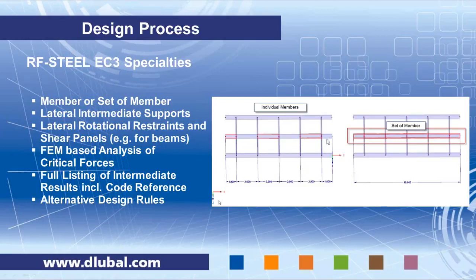So one unity disintegrates into several different parts. So now we can refer the design to the individual members, or we can refer the design to the so-called set of members. So with the use of a set of members, we group again those individual analytical members into one physical construction part.